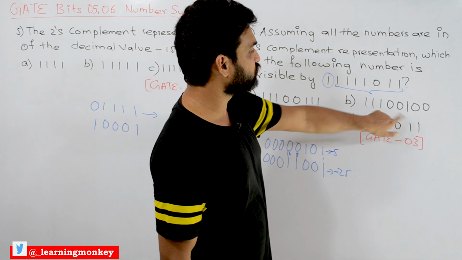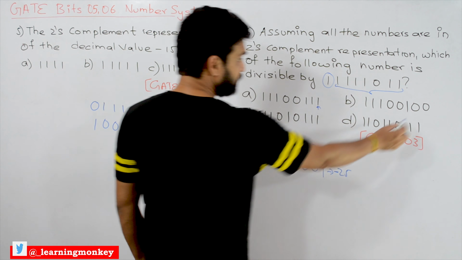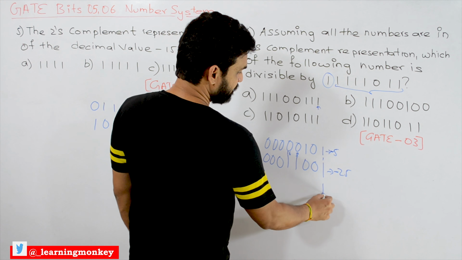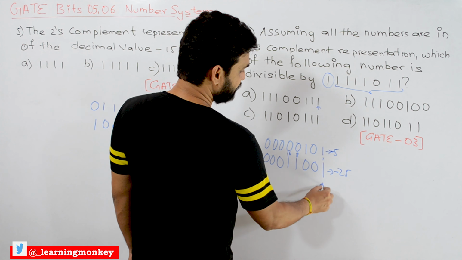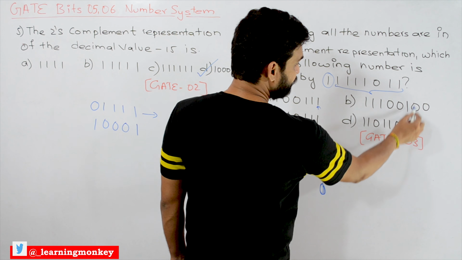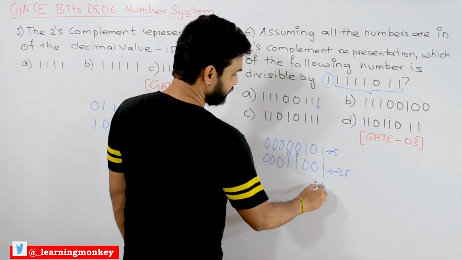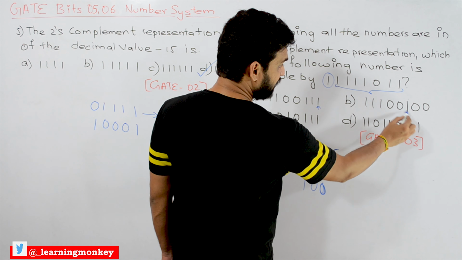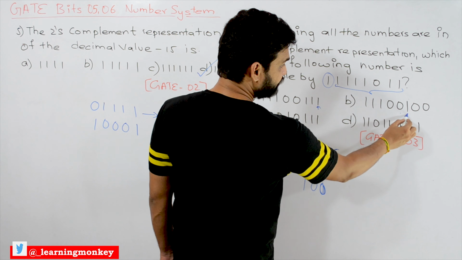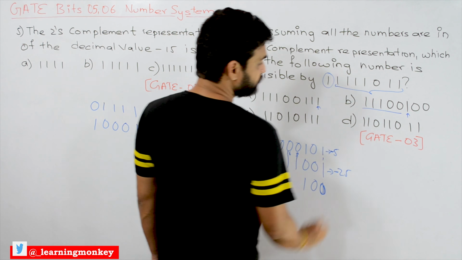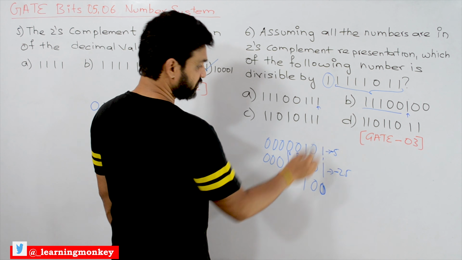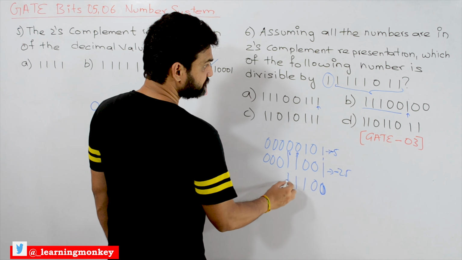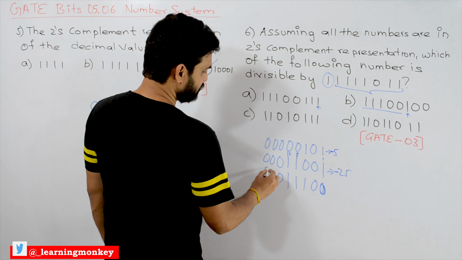Similarly, what is the 2's complement representation of this? Until we find the first one, we keep the bits as they are, and after the first one, all the bits are complemented. This is the short form, 11000.